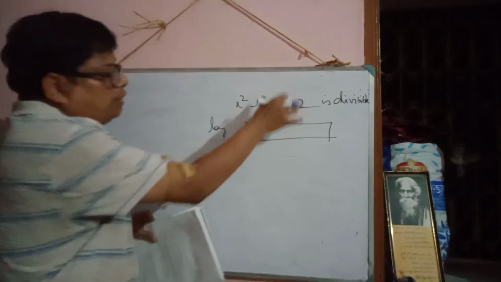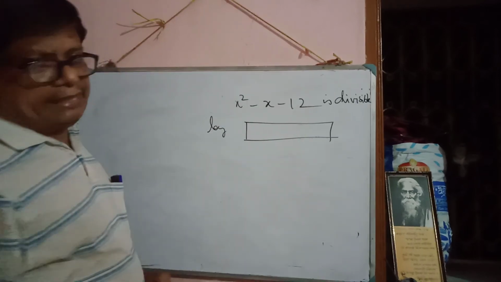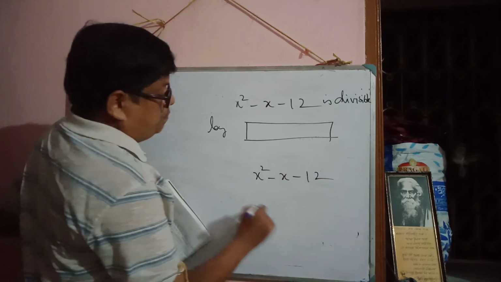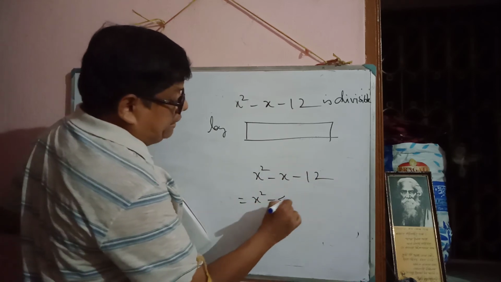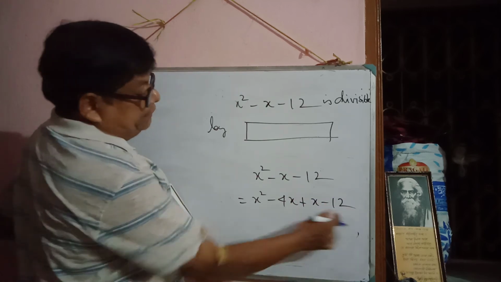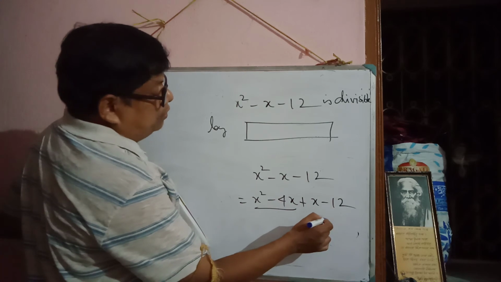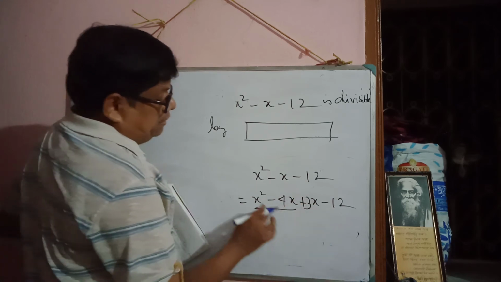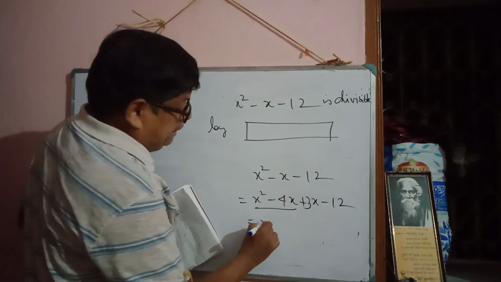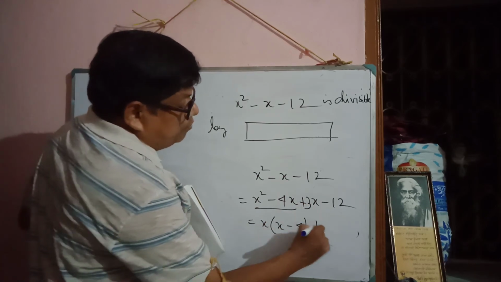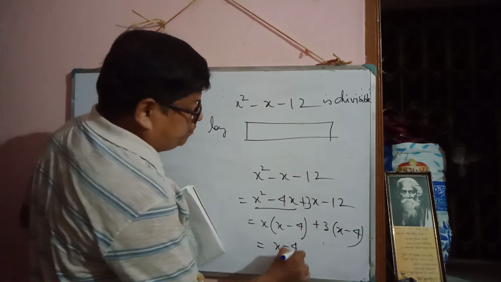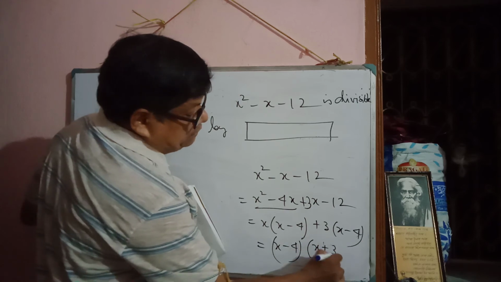You have to factorize. We can write x square minus x minus 12 as x square minus 4x plus 3x minus 12. Taking groups: x common, x minus 4, plus 3 common, x minus 4. That is x minus 4 into x plus 3.